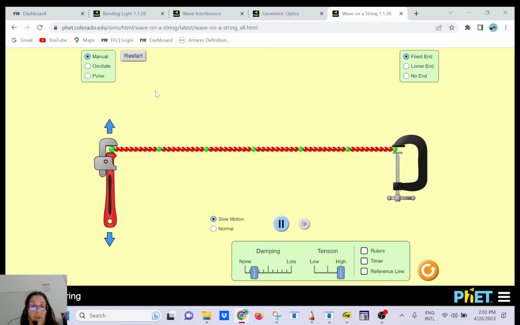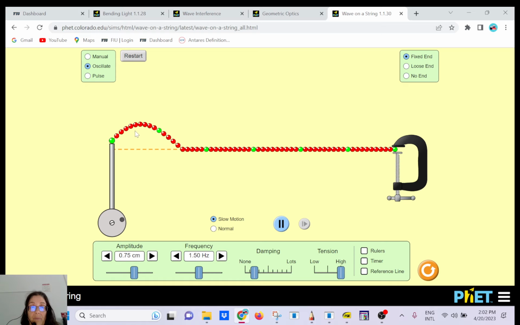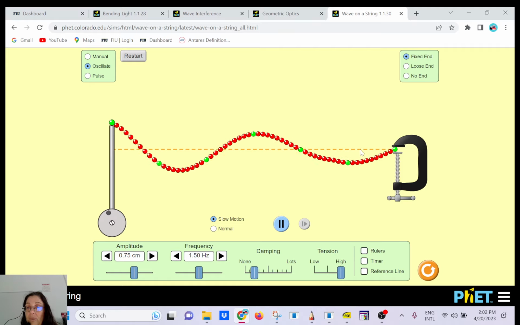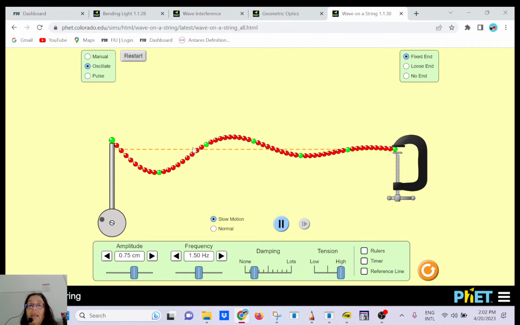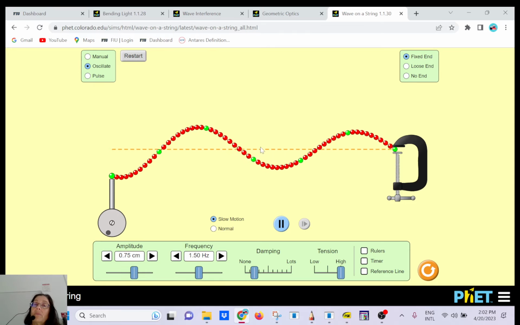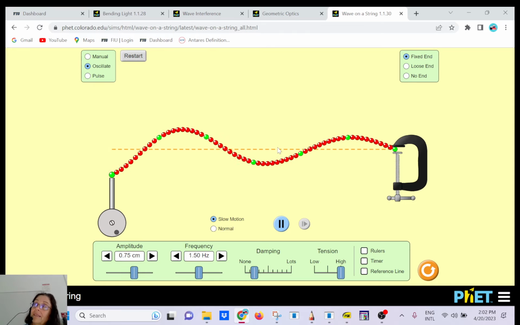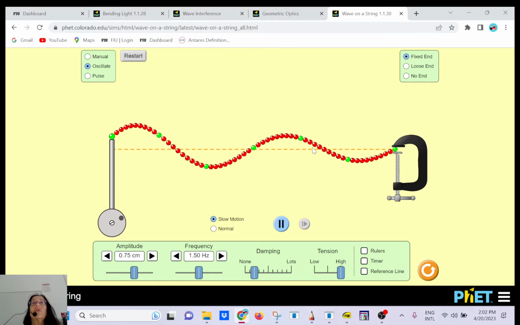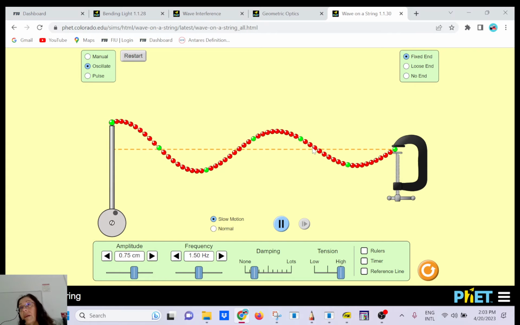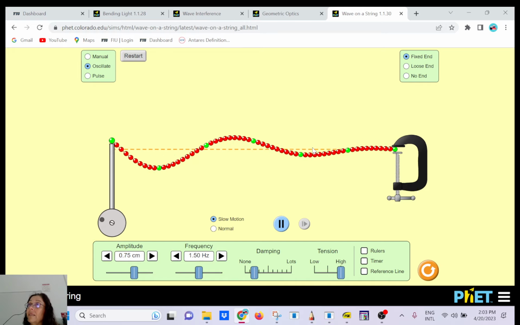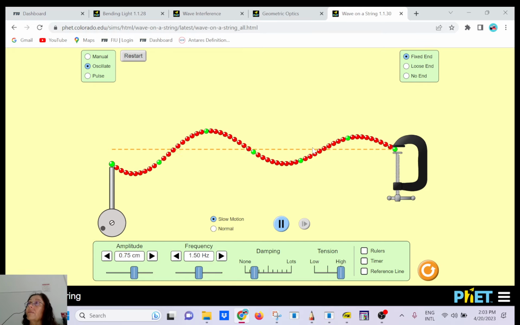What I want you to see also, so let's do it slowly, is that it's going to move at the speed, and then here it's going to be reflected. When the wave comes in, it's reflected, and the reflected wave will interfere with the newly coming wave. Because waves can be at the same place at the same time, this is called interference.